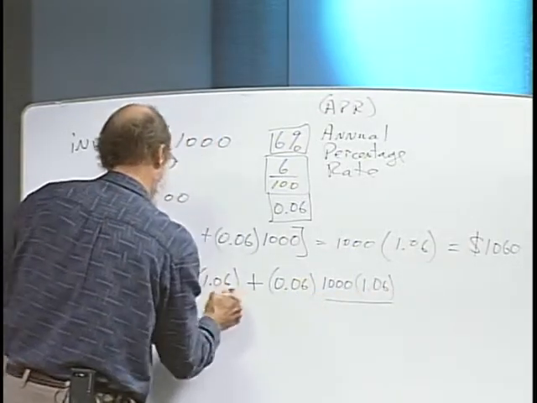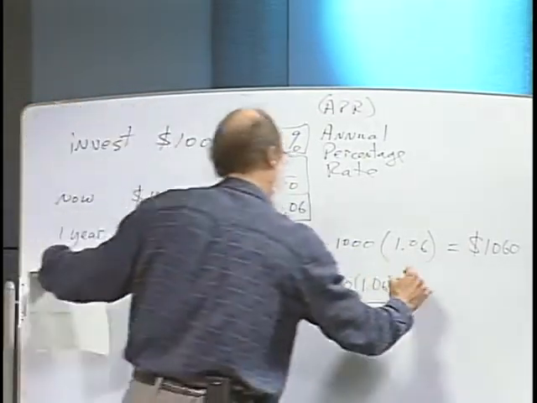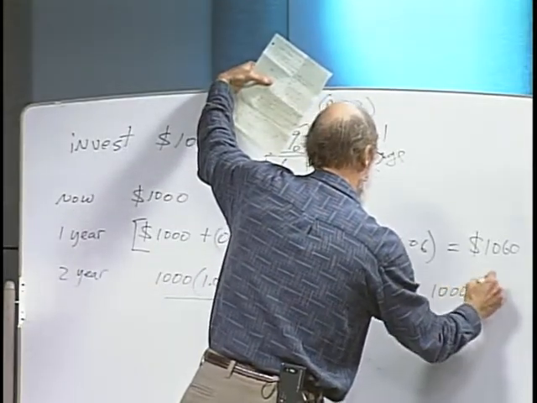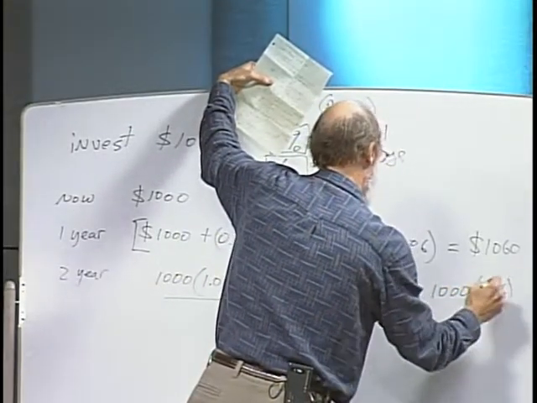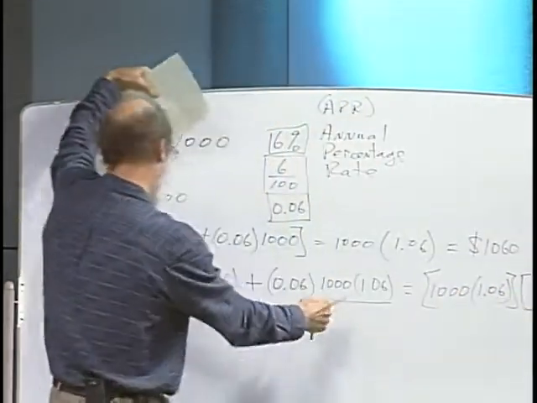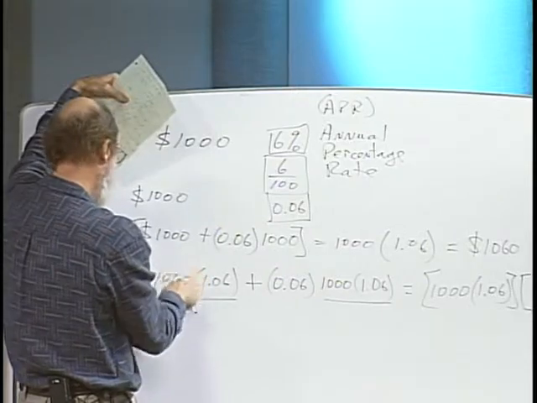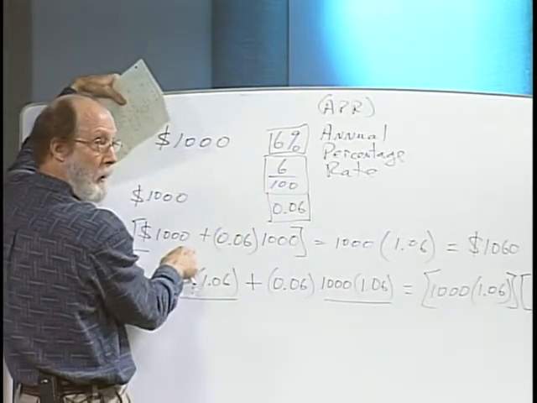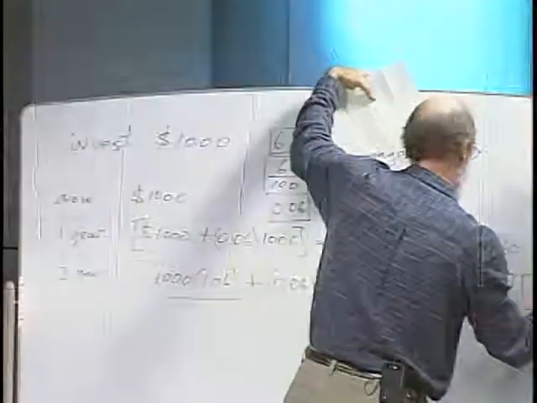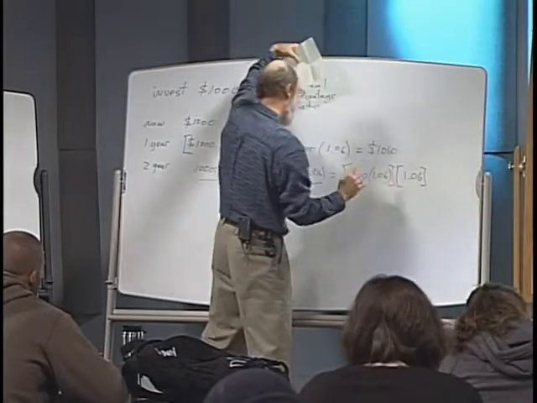So if we factor that out, we would observe that we have the 1,000 times 1.06 factored out in front, and then what's left once you factor that out is again a 1 here plus 0.06, another 1.06.